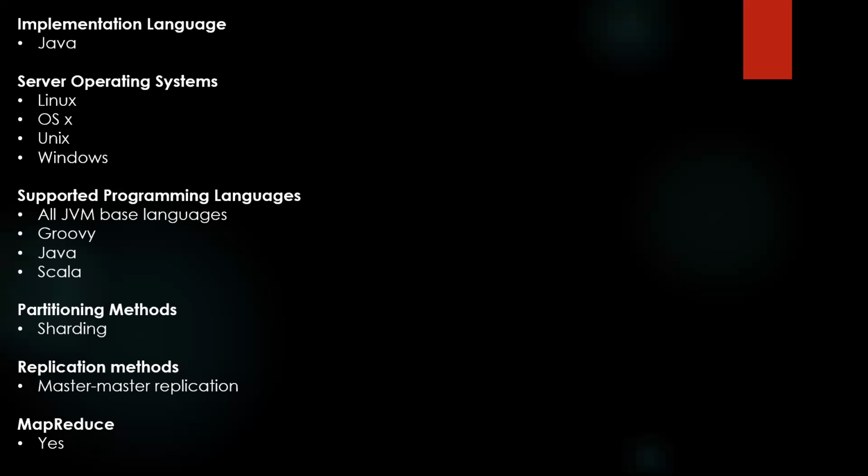Okay, so when coming to the partitioning methods, it has a sharding mechanism. Sharding is a type of database partitioning that separates very large databases into smaller, faster, and more easily managed parts called data shards.